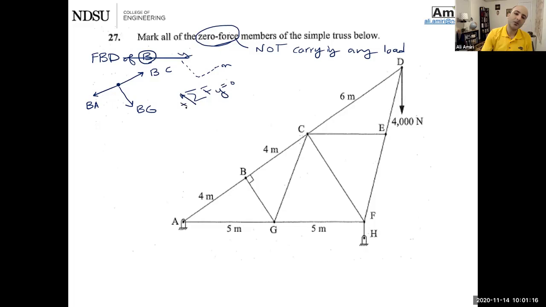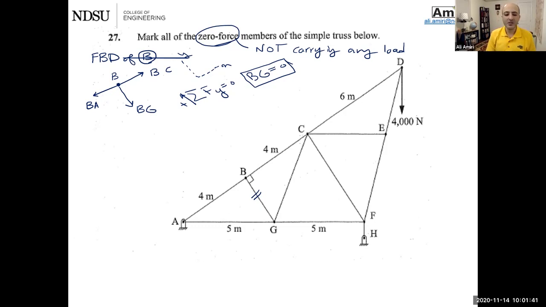Anything that points up is going to be positive. And I need to go back and look at joint B. The only force I see is BG. There's nothing else. So therefore, BG must be 0. So that is my first 0 force member.